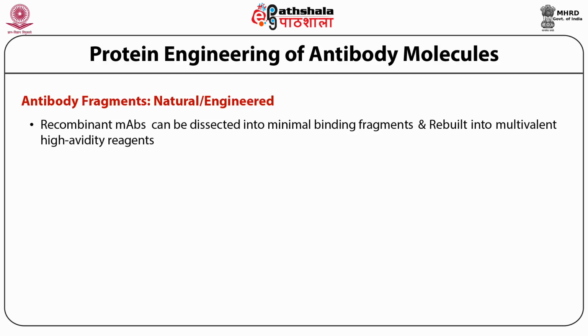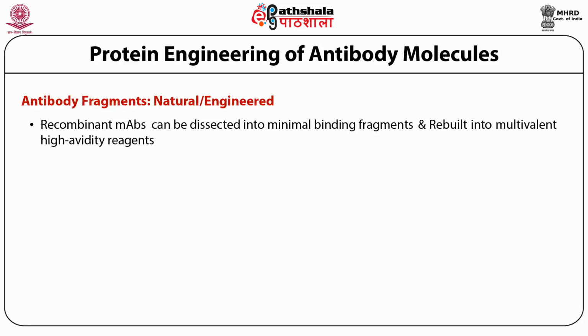So on one hand, we can generate a truncated smaller antibody, for example, a single chain antibody or only a VH fragment, where you have one binding site or one binding arm of an antibody molecule. Because the number of antigen binding arms has reduced, it sometimes leads to a reduction in binding activity.